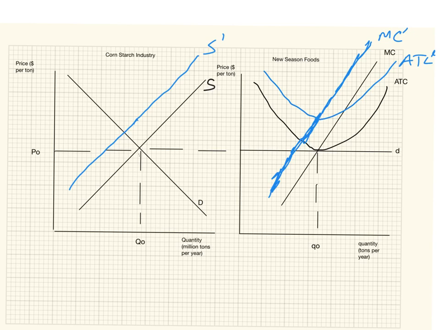Anyway, the key is to get the shift in the market supply curve to be about the same, or exactly the same if you're that good of an artist, as the shift in the firm level marginal cost. Because that's where the market supply curve comes from. The market supply curve, remember, we derived it from the firm level marginal cost curve.